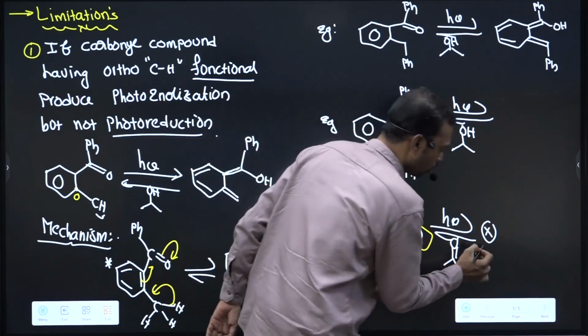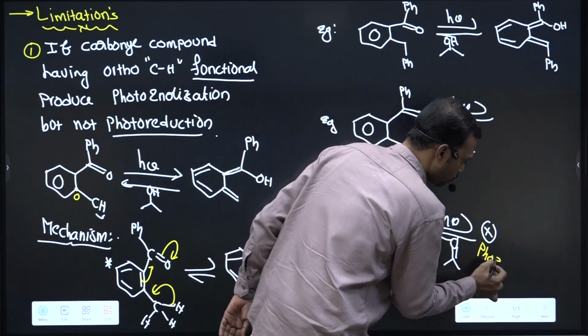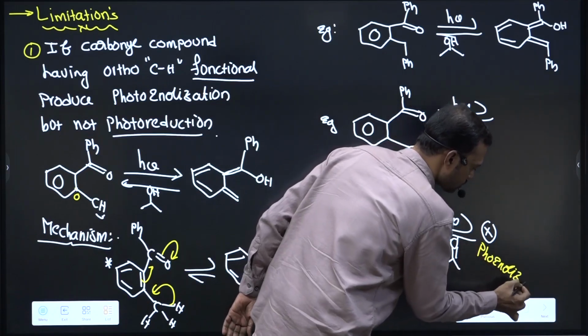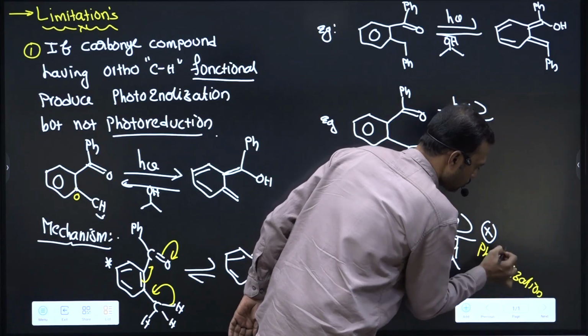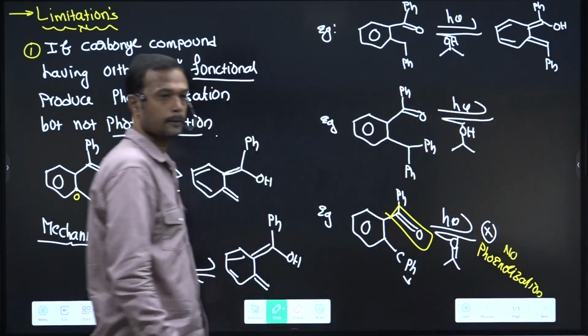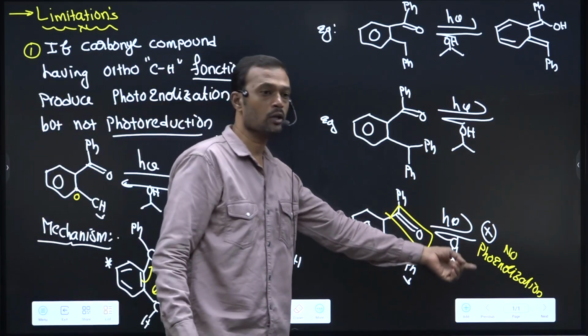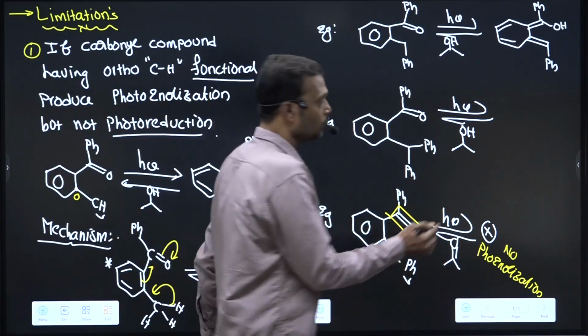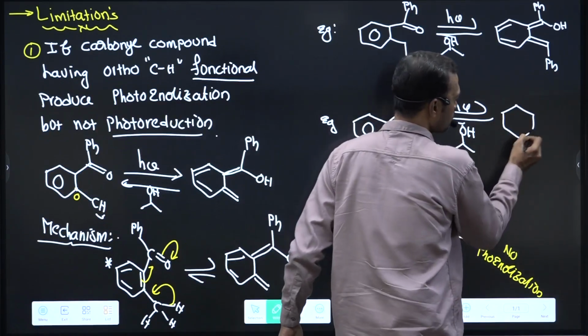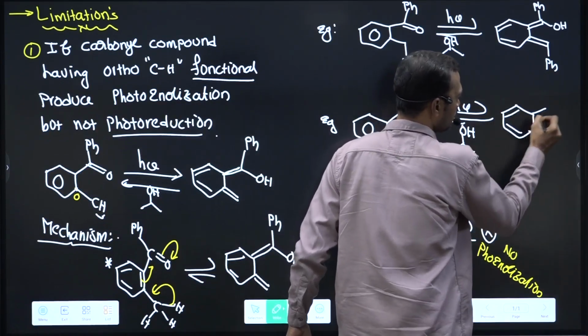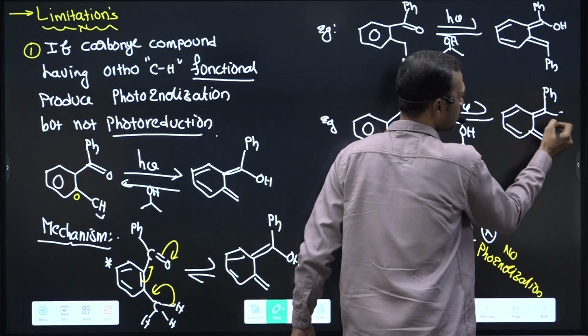Now here no enolization. Photoenolization does not exist. Clear? Reduction is possible. Right now I am not writing enolization. In the previous case enolization is possible. How to write the answer? Use the alpha hydrogen, put a double bond, then write one more double bond. Here it is Ph and this is OH.